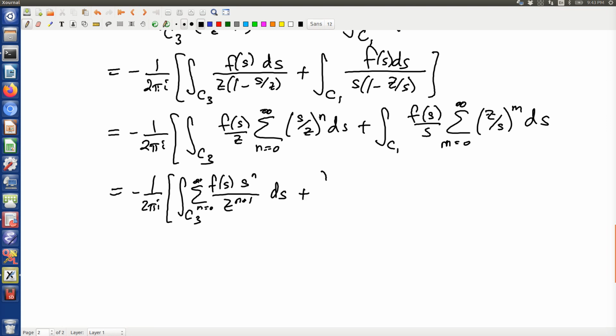The second guy, summing m equals 0 to infinity, f of s, z to the m over s to the m plus 1 ds. Okay, now we've already dealt with a series like the latter term, the second term, in the Taylor series situation.